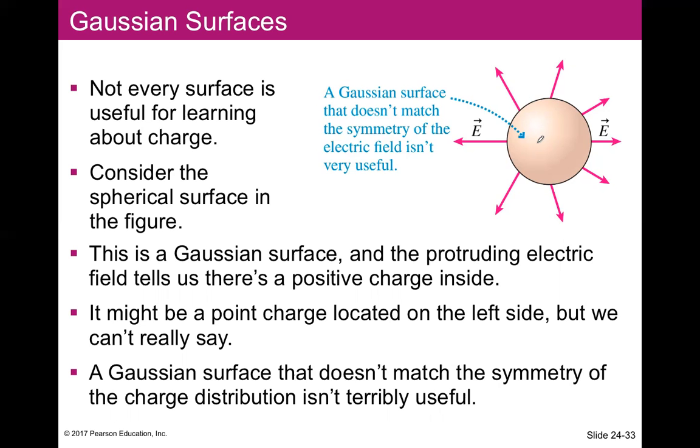But in the application of Gauss's law, if we put a surface in this way, there's no symmetry on the left and the right side of the Gaussian surface, then it's impossible to use Gauss's law to simplify the calculations. In this case, it's not very useful.